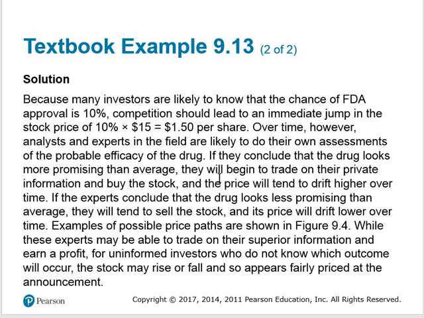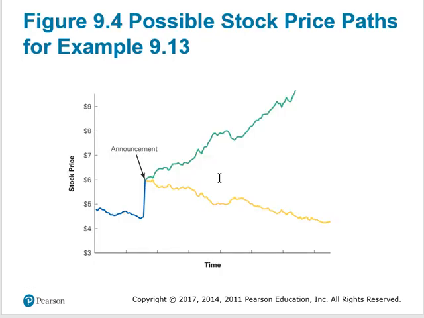However, what's going to happen over time? Analysts and experts are going to look at this much closer now. The information is now public. So the possible paths of the price's change depend on what happens as the future gets here. There's this announcement, the stock price rises dramatically, but what's going to happen after that?